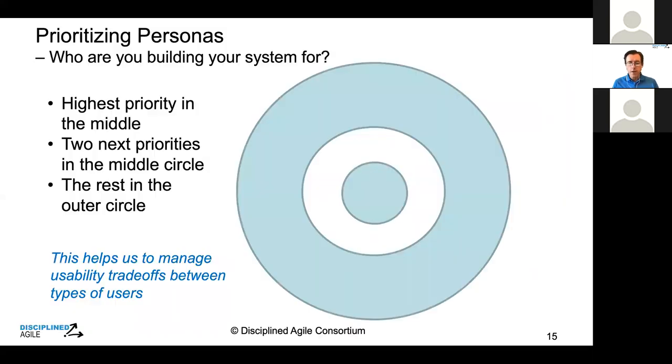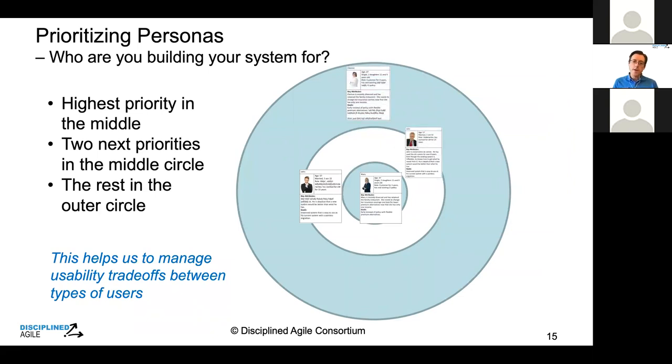I'll add one more slide here. An extension of using personas is you can take the key personas, the key people that you work with in your company, and prioritize them. So the inner circle, Mary, we need to prioritize and make sure that her user experience is absolutely spot on. As we move out from the circle, it's maybe a little bit lower priority in terms of user experience.